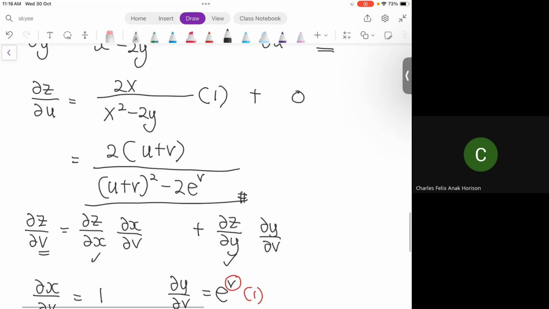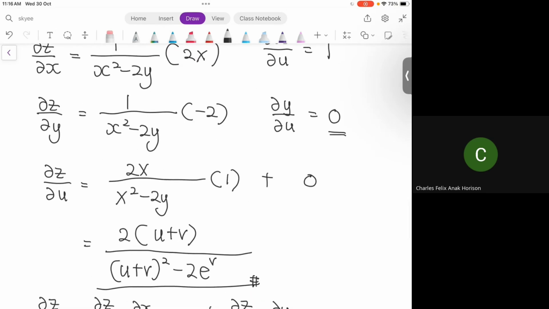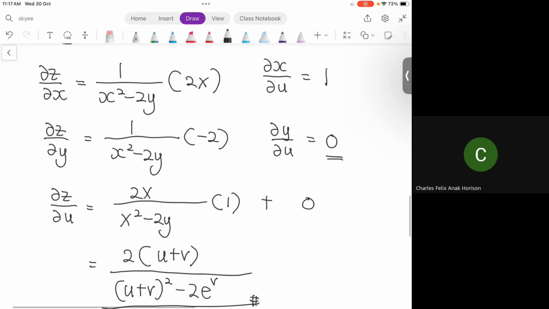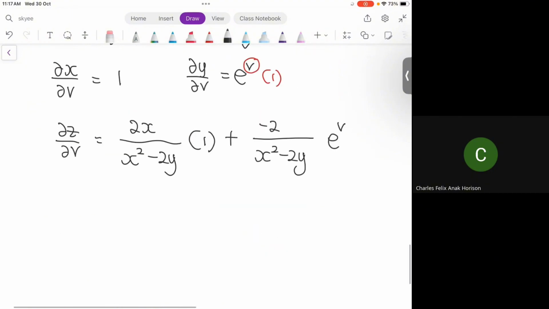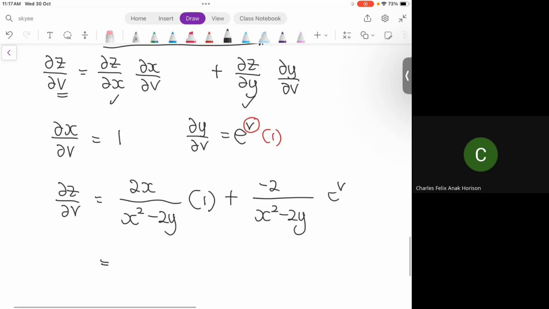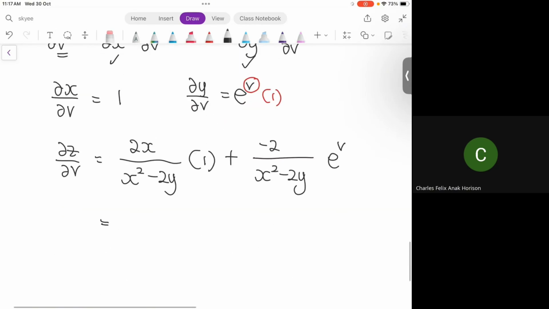Is it correct? Let me check. Del z del y, negative 2. Okay, right. So you can now replace it. 2u plus v over, in fact they are the same, you can write them together.